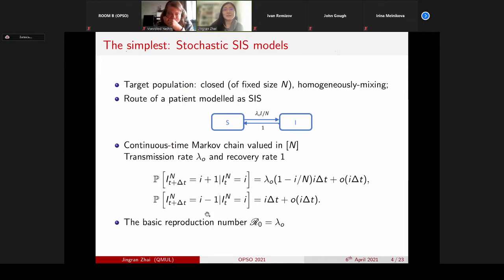In this setup, the parameter lambda 0 corresponds to the basic reproduction number in epidemiology. So the basic reproduction number essentially describes the ability of a disease to prevail when it's first introduced into a population.